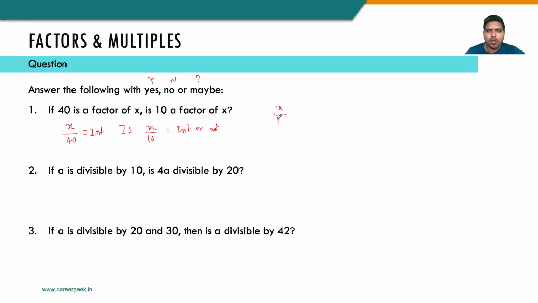So let me take x upon 40 as capital I. Integers I am assuming as I or z for convenience. So what I'll get is x is 40 into I. Now what I need to check is whether x upon 10 is an integer or not. Definitely if x is 40i, this gets cancelled 4 times, 4i. Where I is an integer, so 4i is also an integer for sure. So the answer is yes for this.